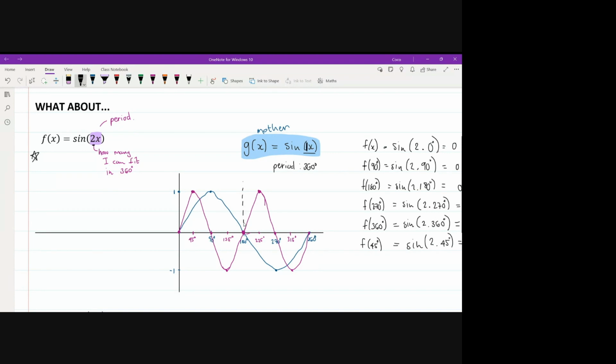Here is where my 2 graphs cut in 2. There's the first purple graph and the second purple graph. How long did it take us to get from there? 180 degrees. So the period of my graph changes because of whatever's happening in here. My period will be 180 degrees.